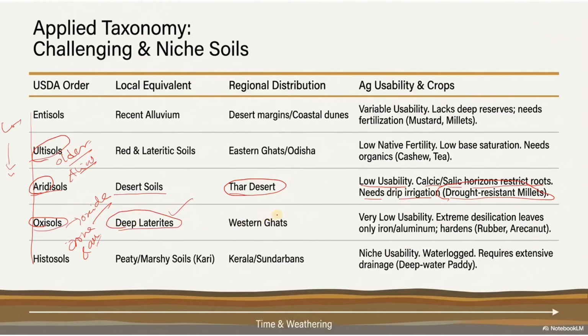We call this laterite soil. These are mostly found in the Western Ghats. These are low to very low usability in agriculture. Extreme desilicification leaves only iron and aluminium, which hardens, and this is also used to make mud roof tiles for the construction of homes. Rubber and arecanut are some of the crops grown here.